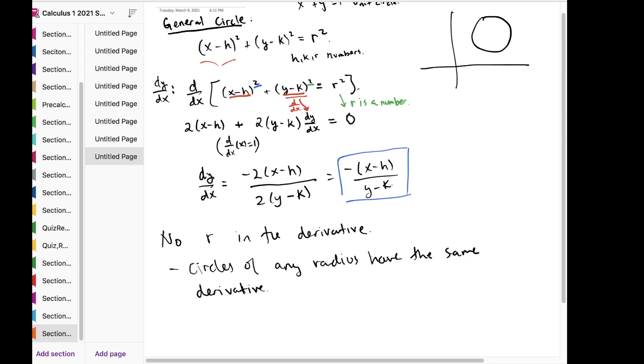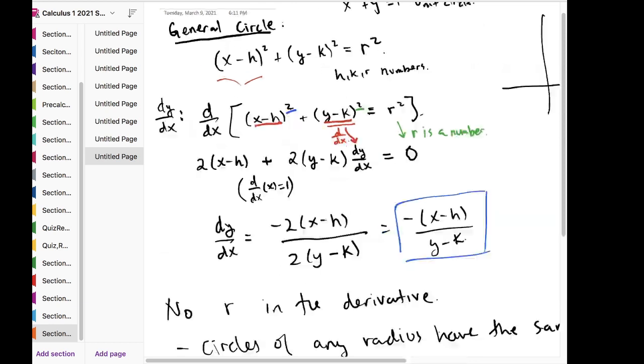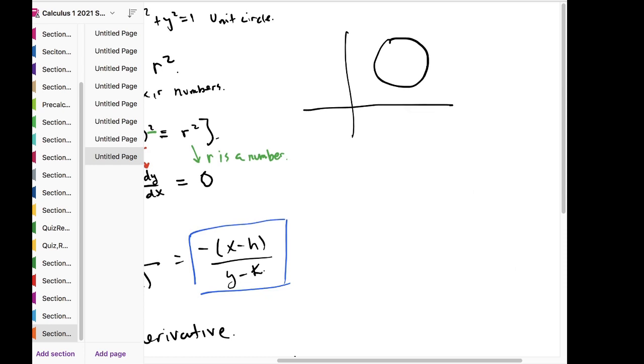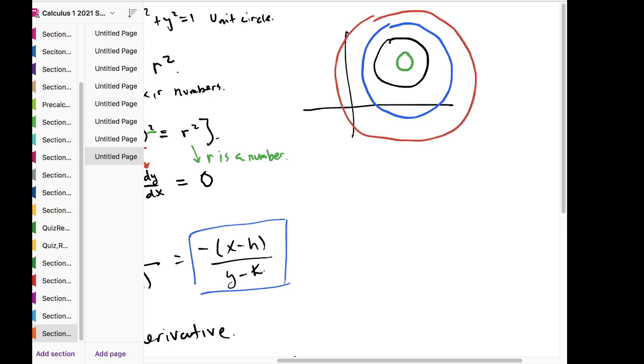This shouldn't surprise you, based on what a circle is. The idea is that no matter what the radius is, how it's changing is always the same. So these are various tangent lines at some point, and they're all the same. The slope is the same. They're all parallel.